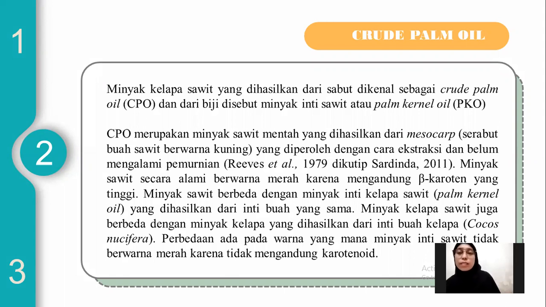Palm oil is different from palm kernel oil produced from the same fruit core. Palm oil is also different from coconut oil produced from the core of the coconut fruit. The difference is in the color, in which palm oil is red because it contains carotenoids.